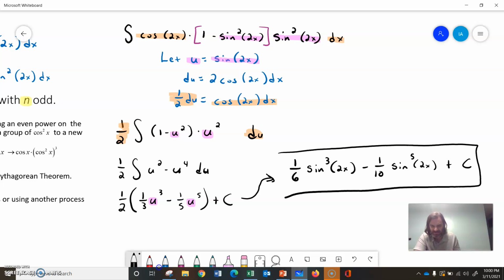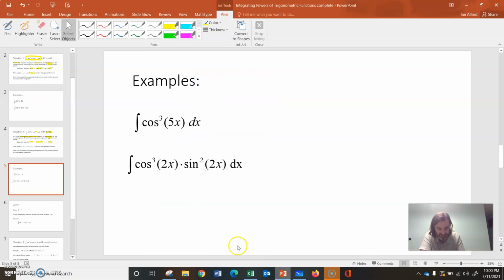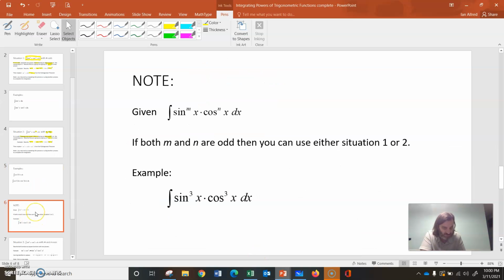Okay, so we did the exact same thing as when the sine power was odd. We just had a different substitution. Let me just make a point here without making a whole new video. Note, if we go back to trying to integrate sine to a power times cosine to a power, if both powers are odd, it doesn't matter which method you use.